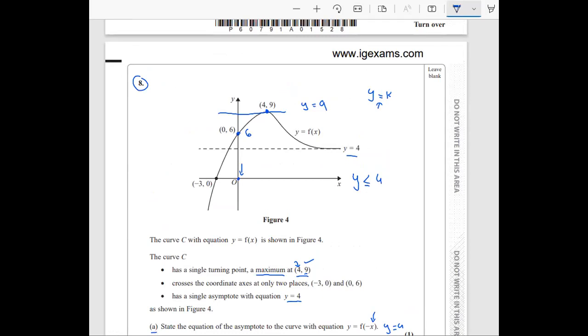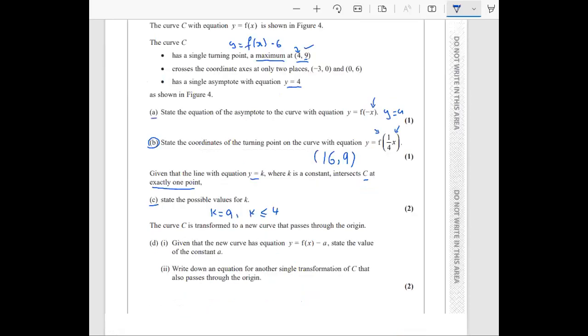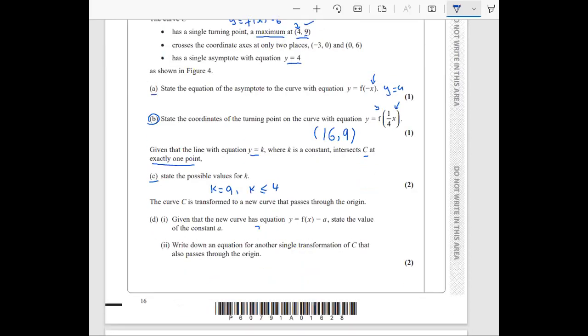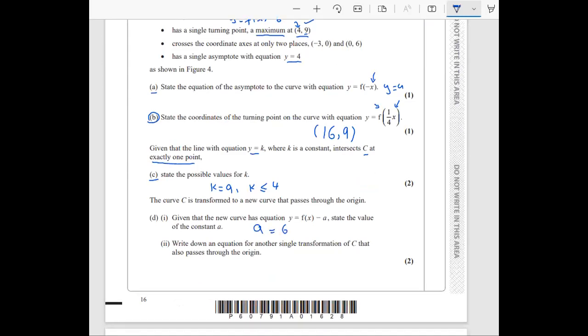This means a would be 6, because the same curve with y equals f of x minus 6 will take this graph 6 units down, and this point would then be at the origin, right? So the value of a would be positive 6, not negative 6, because we already have the negative sign here.